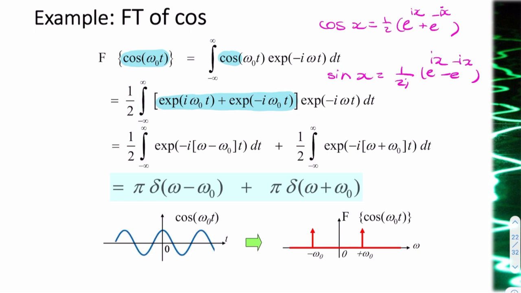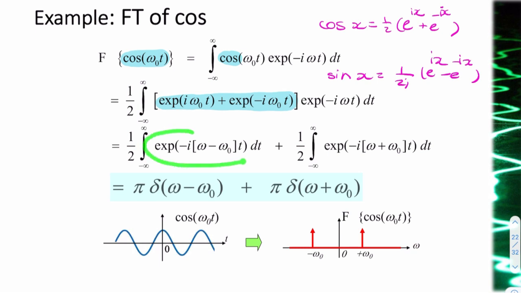And thinking back, remember we said the Fourier transform of an impulse is simply a constant. So you can think of this as 1 times that.